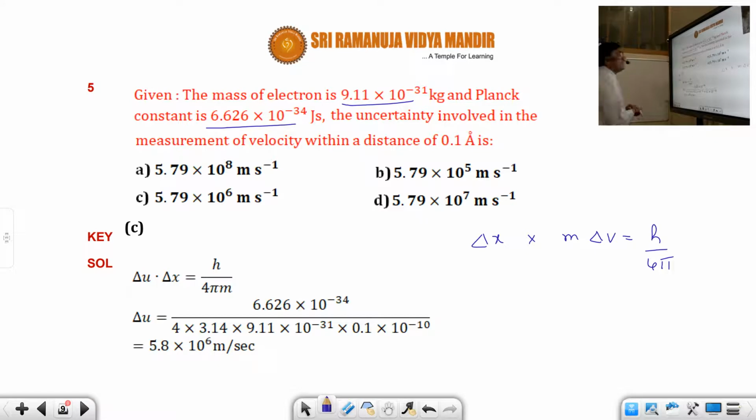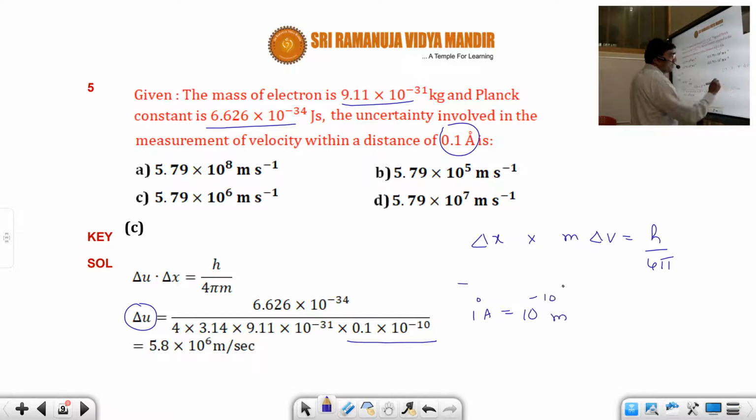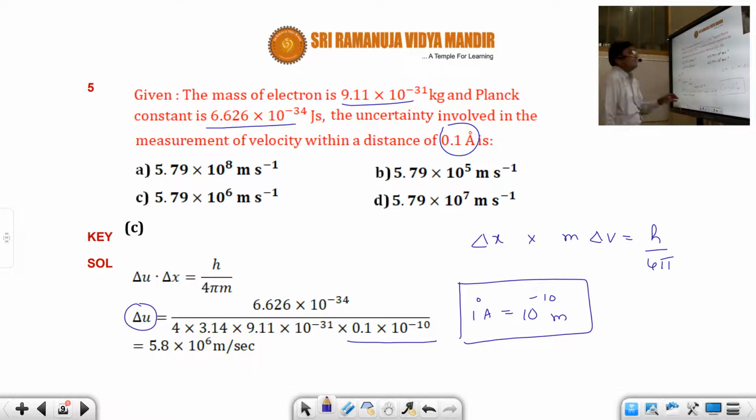So, what you have to find? Delta v, or anything you have to find. But one thing, as I conveyed earlier also, this angstrom should be converted into meters. You know very well, 1 angstrom is equal to 10 power minus 10 meters. If you take care of this unit conversion, you will arrive at the solution easily, effortlessly.